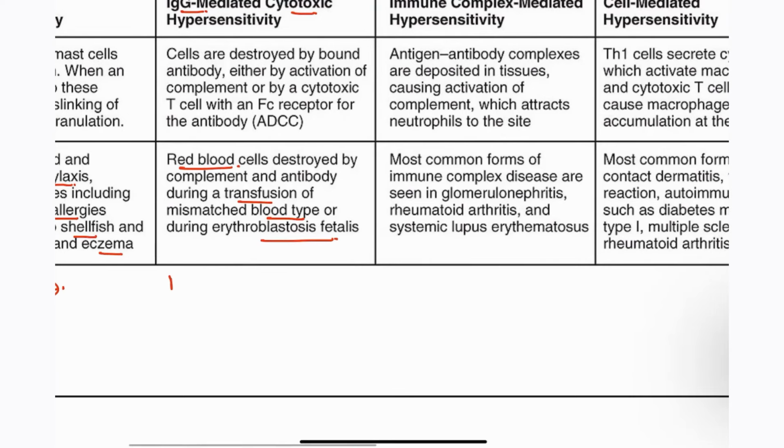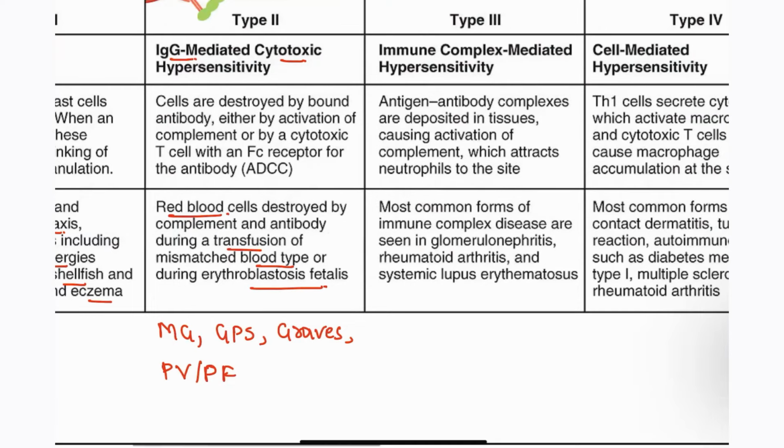And along with that, myasthenia gravis, Goodpasture syndrome, and patients suffering from Graves disease, right? This is pemphigus vulgaris or pemphigus foliaceus. All will be considered in patients with this condition. And the remaining platelet reactions, every blood reaction, blood disease, anemias, all will come under type 2.